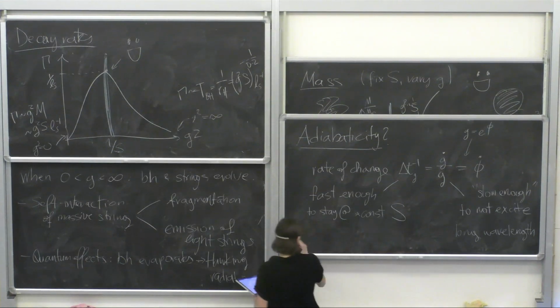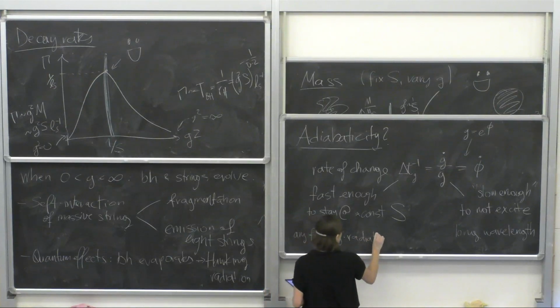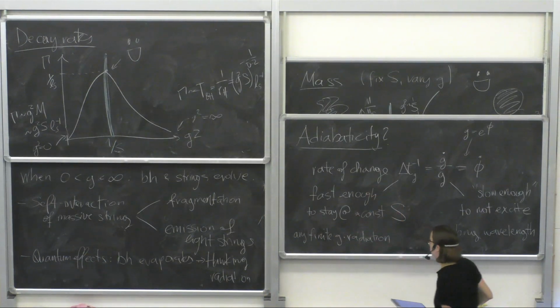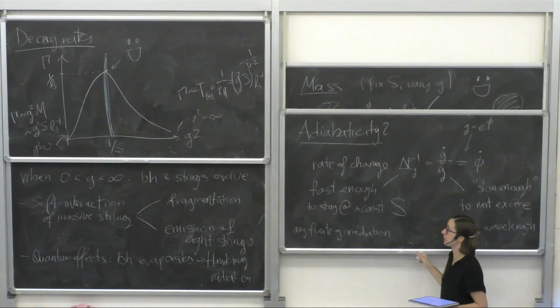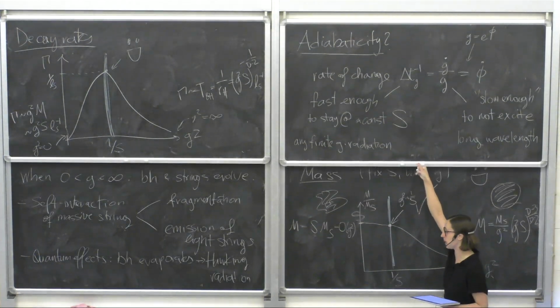And the thing to keep in mind here is that at any finite g, we have radiation. And so we have to determine what fast enough means in terms of how much radiation we have from the system. And we don't want it to radiate too much.